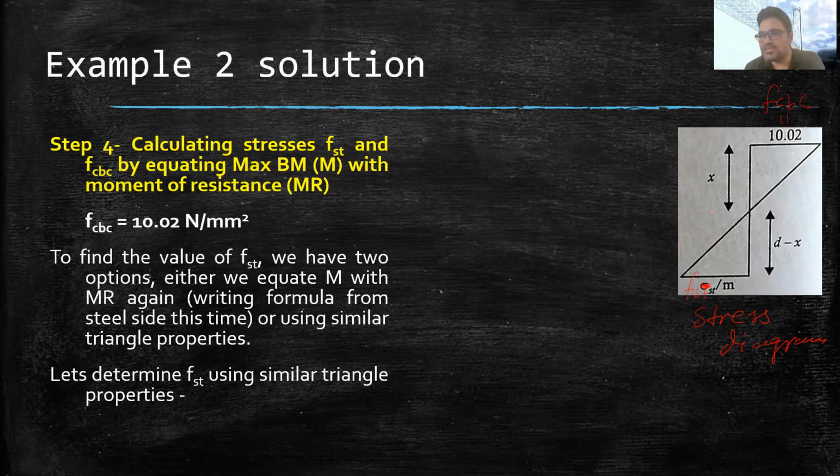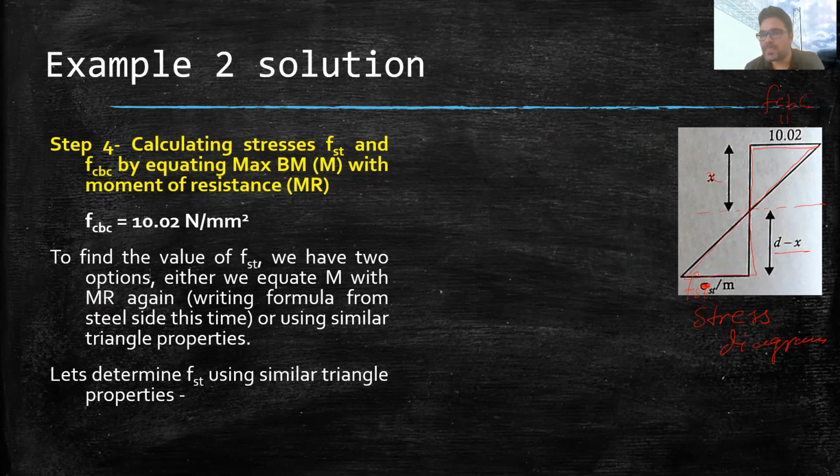And this is the neutral axis line, and this is X, which is the depth of neutral axis, and the remaining depth will be D minus X. So now we know that this triangle is similar to this triangle.